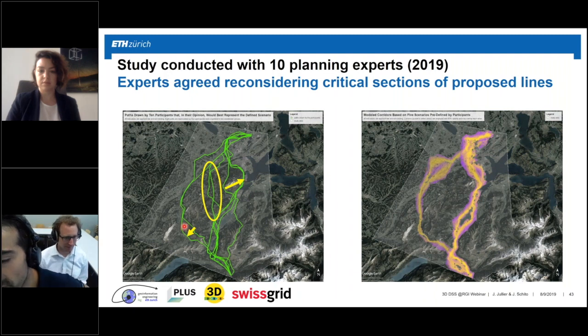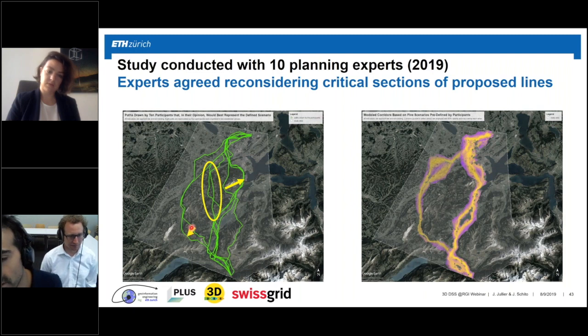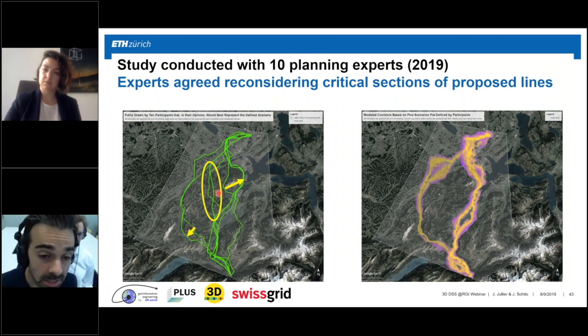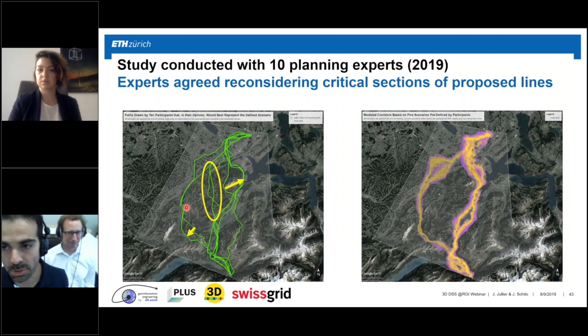And then we also asked, listen, you see this green line, you passed here a protection area, but we computed that it would be better for you to pass through this canyon. Would you agree to change your opinion? And yes, indeed, some participants agreed to change their mind in order to abandon their line, which was proposed by the 3DSS.